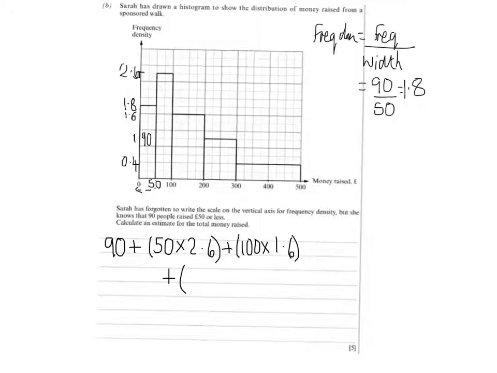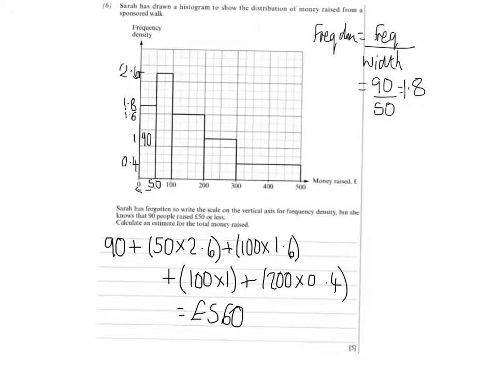Plus, for the fourth one, we've got a gap again of 100 times the frequency density, which is 1. And then the final one, we've now got a width of 200, because it goes from 300 to 500, and the frequency density is 0.4. So 200 times 0.4. So typing that into your calculator really carefully, you should get an answer of £560.